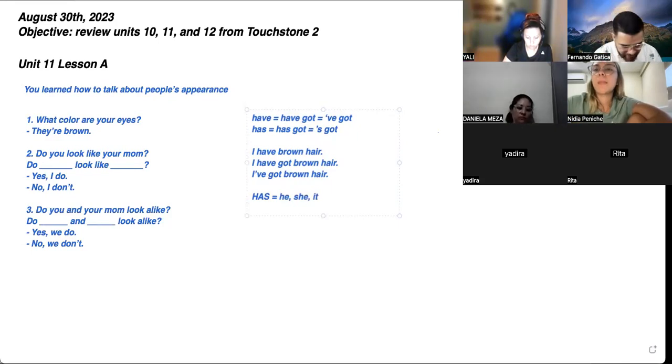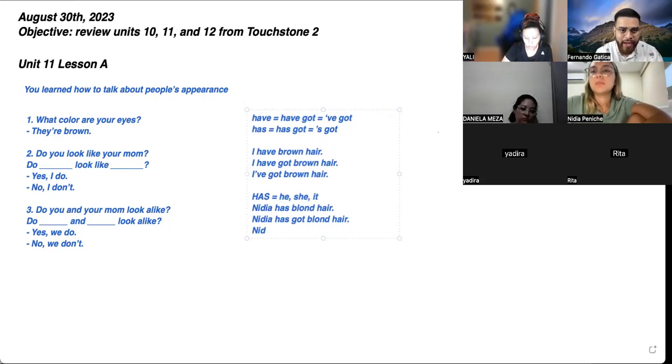For example, Nydia has blonde hair. Or Nydia has got blonde hair. And we can combine Nydia has together and it makes Nydia's.